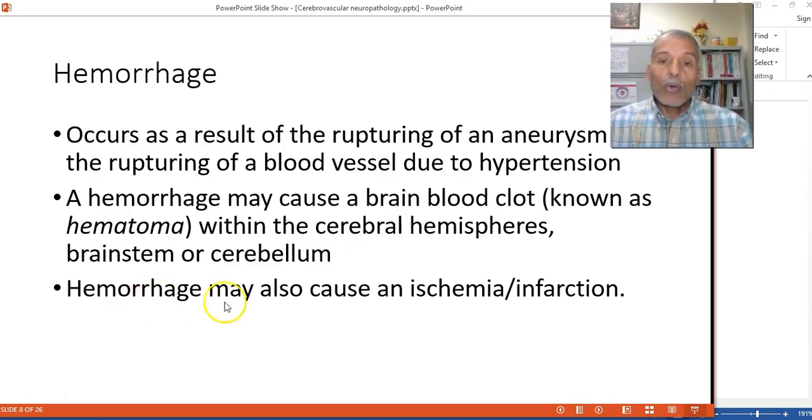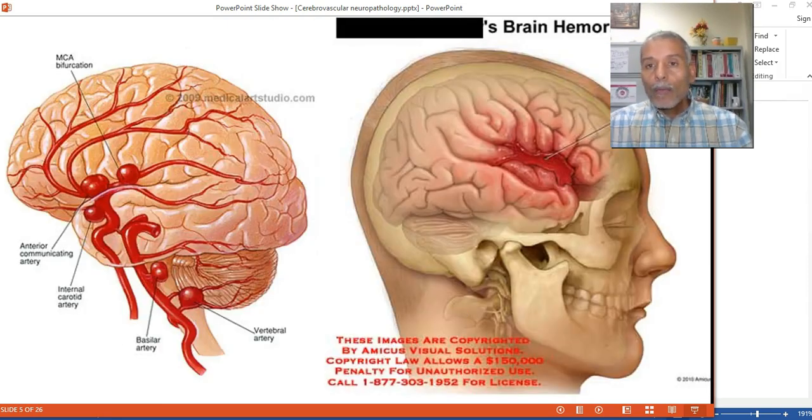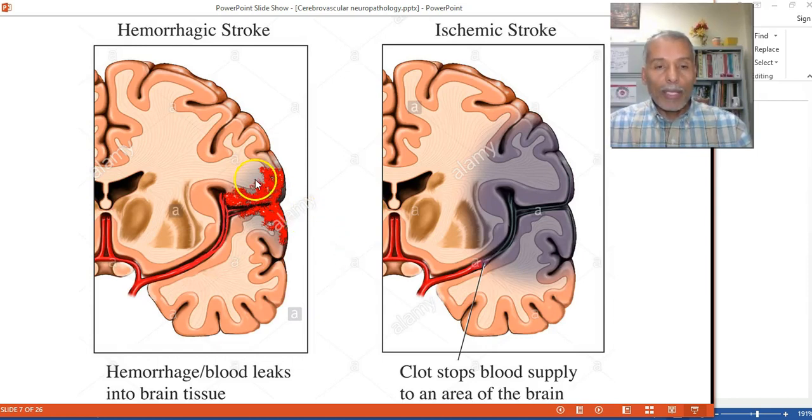The hemorrhage could also cause an ischemia or an infarction because, for example, maybe in here, there will be an area of dead tissue because of the pressure, number one, and the exposure of the neurons and the neuroglia to substances in the blood immediately, which is going to cause neurotoxicity.